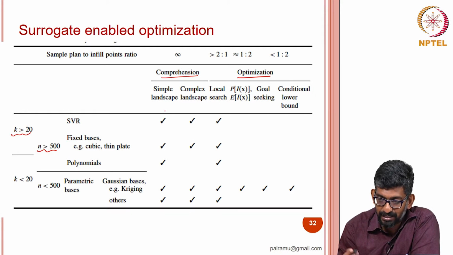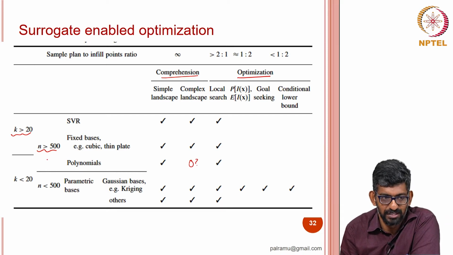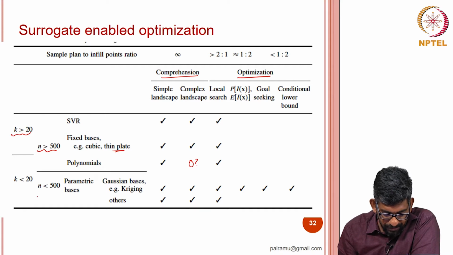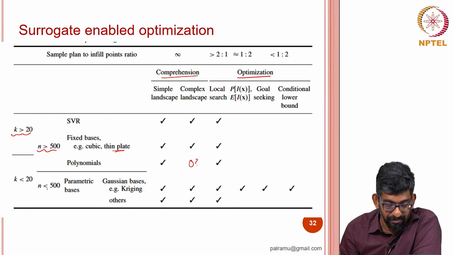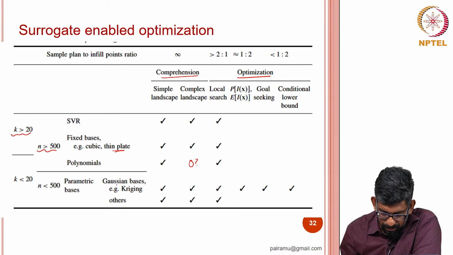Simple landscapes they can handle obviously, and complex landscapes and local search, fixed basis can also do. For polynomial, there is a question about complex landscapes even with 500 samples. If you have highly nonlinear behavior, then radial basis is obviously a good way to look at it. Whereas if you are looking at less than 500 samples and the dimension is less than 20, they are talking about Gaussian basis, which is basically kriging.